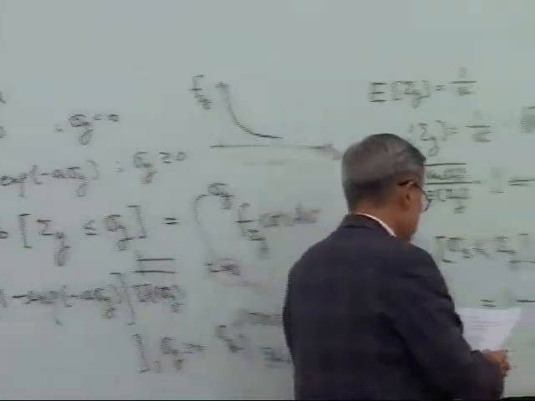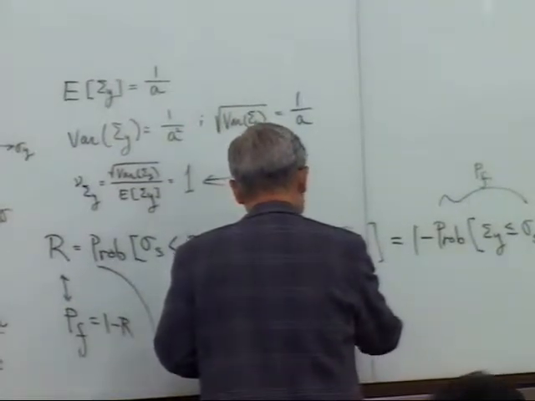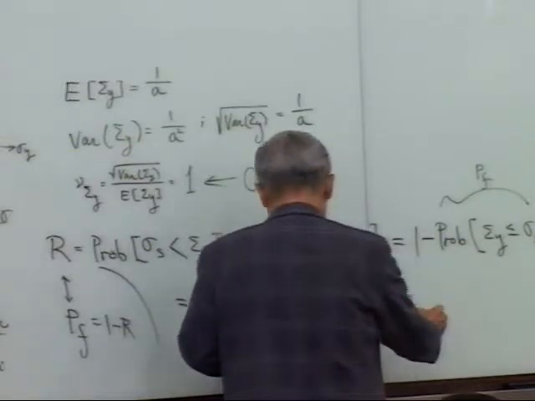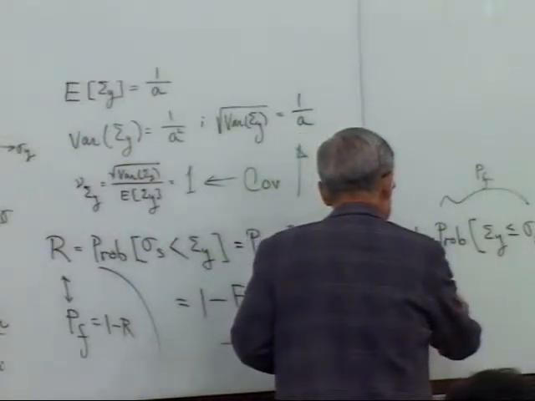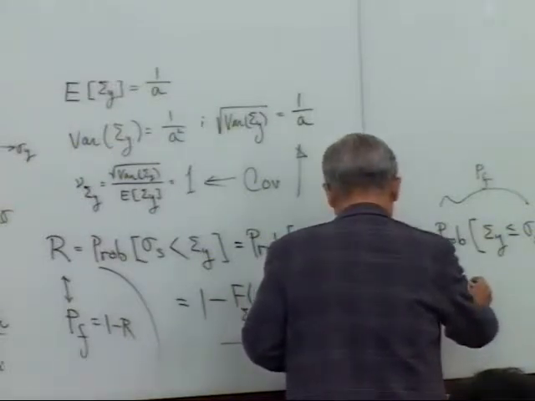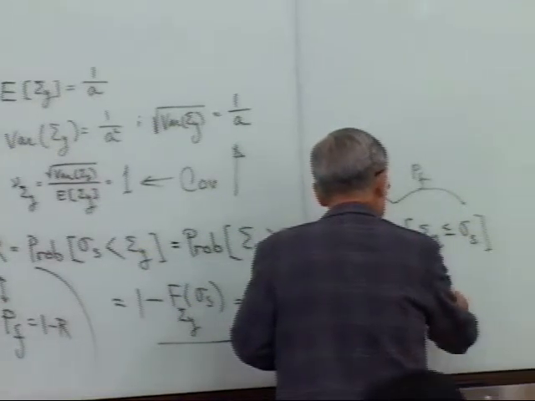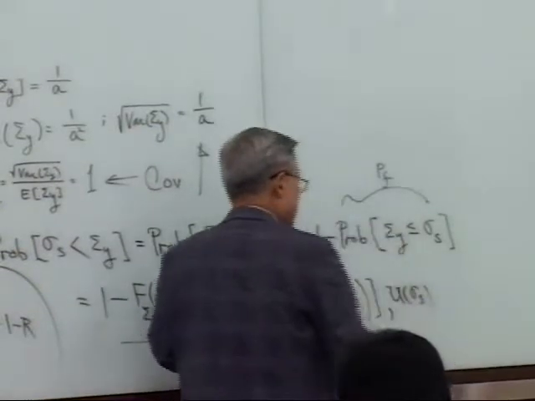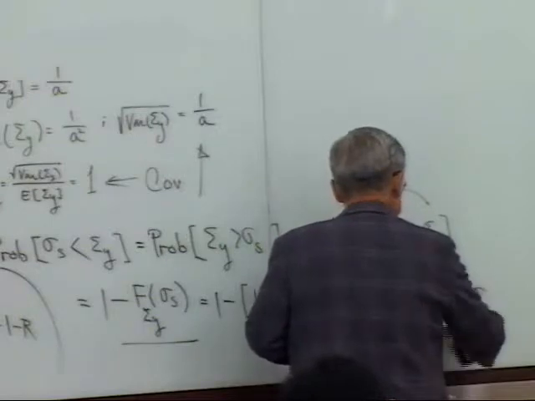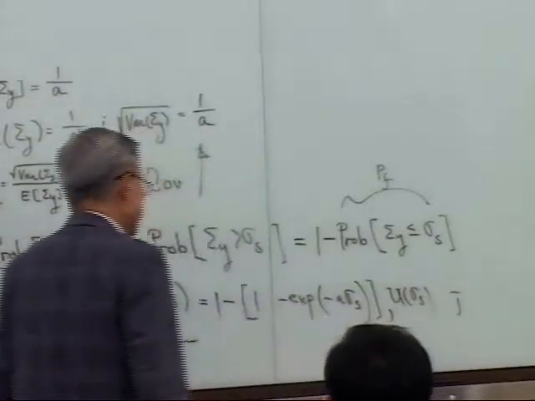To do that, you have 1 minus exp of minus a sigma s times u of s, okay, I don't have to write that. So this is a step function.